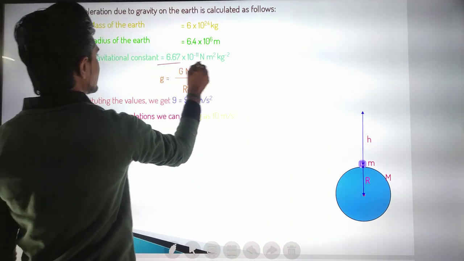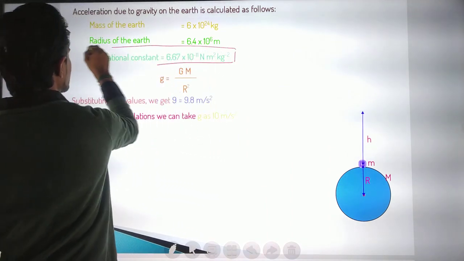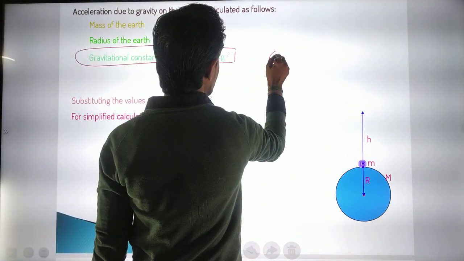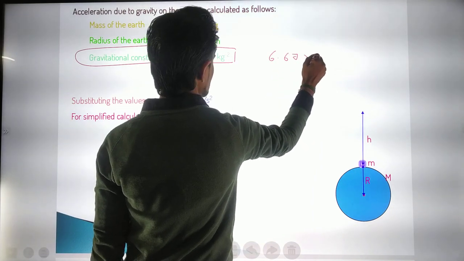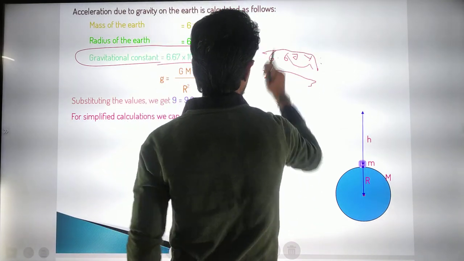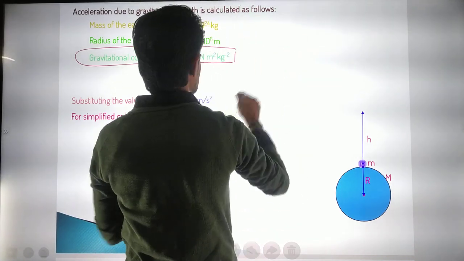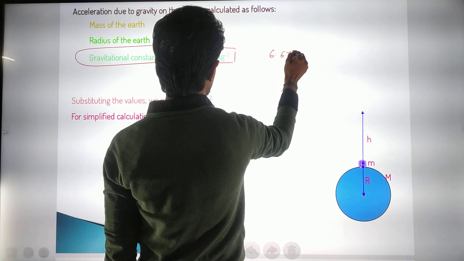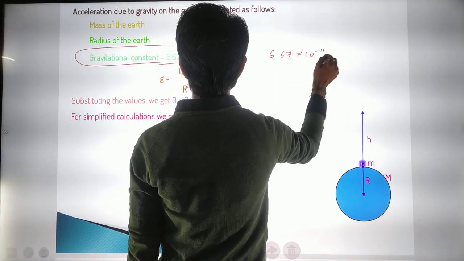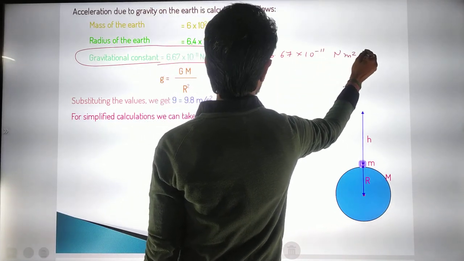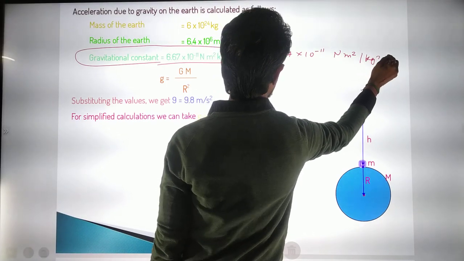Here is the value. I hope all of you can see it. Otherwise, I have written it here, because sometimes the brightness makes it hard to see. See, 6.67 into 10 raised to minus 11 Newton meter square upon kilogram square.